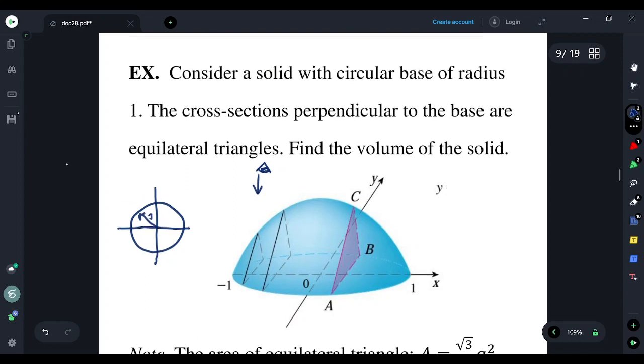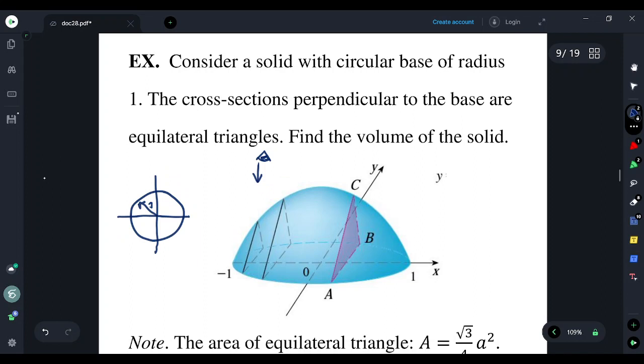And for this solid, when we take a cross section perpendicular to the base, it is an equilateral triangle.